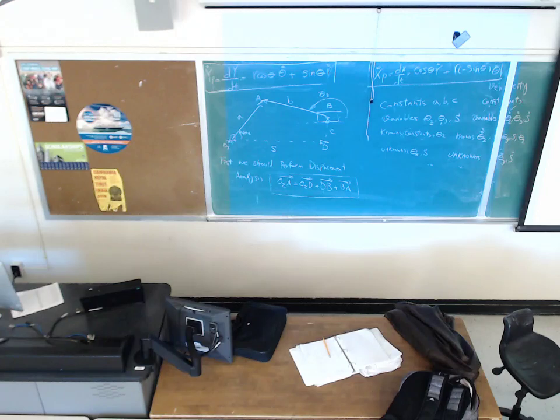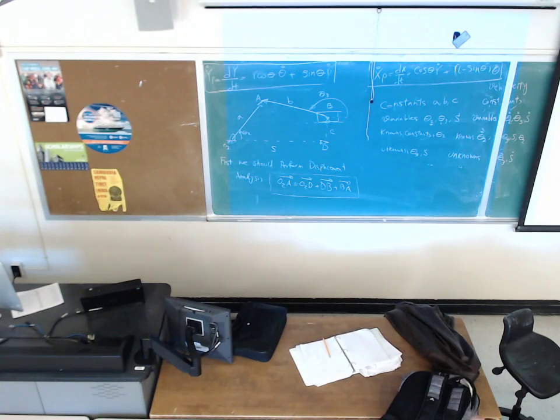It's going to be O2A cosine of theta 2 equals the x component of O2D, which is S, plus vector DB doesn't have any x component, or we can write DB cosine of 90, plus b cosine of theta 3. It's going to be S plus b cosine of theta 3.